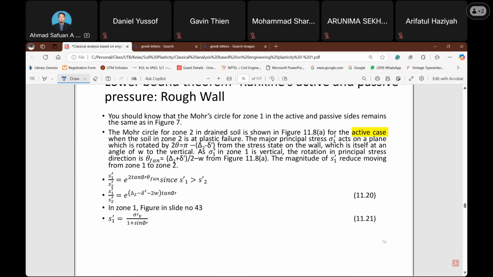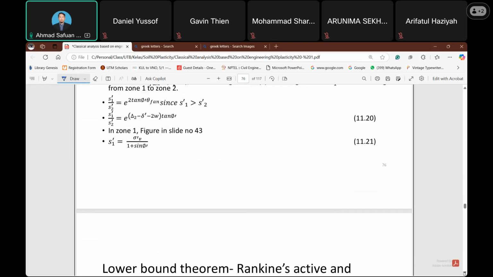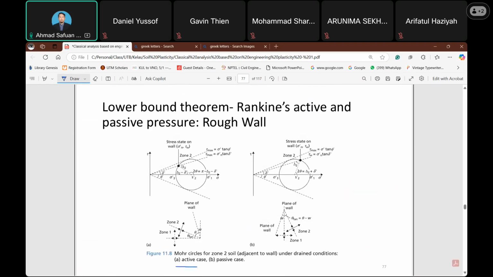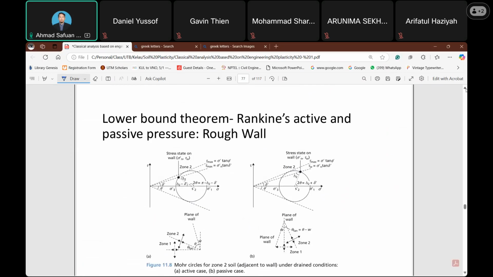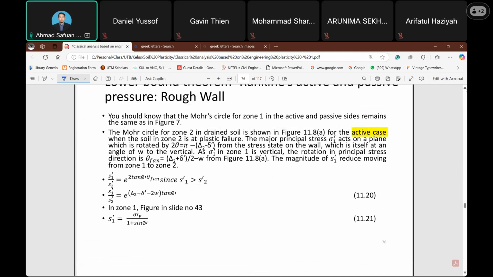So then we need to use the same approach, okay, where we need to find what is the delta, okay, what is the theta fan based on this. Okay. The magnitude of the S1 reduced moving from zone 1 to zone 2. So this is theta fan.